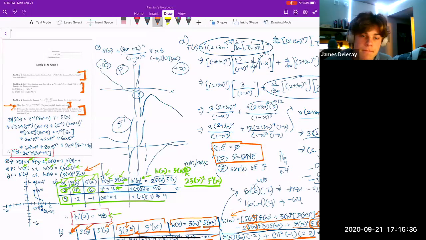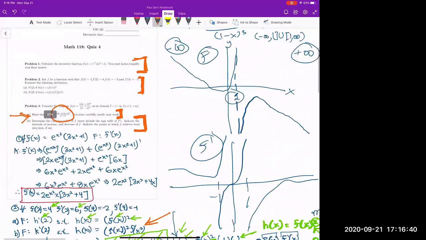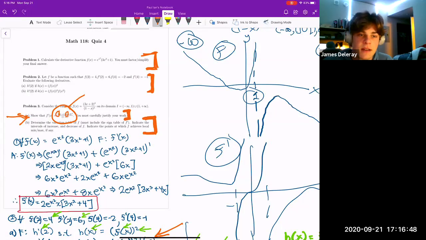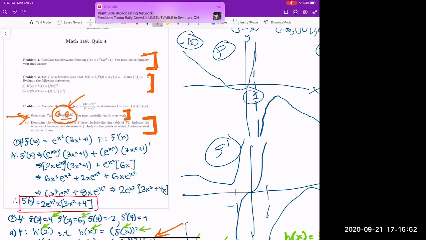But it seems like it would be better to do this problem with different numbers, changing some of the coefficients. Yeah, that's what I was thinking. I think that would be very helpful in the end.